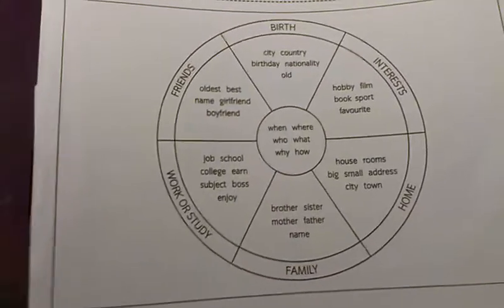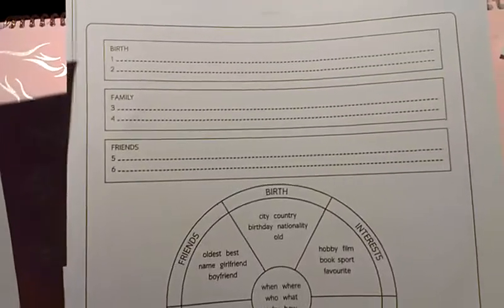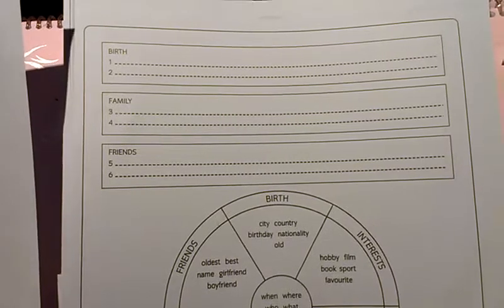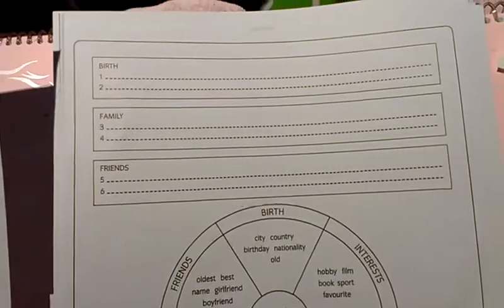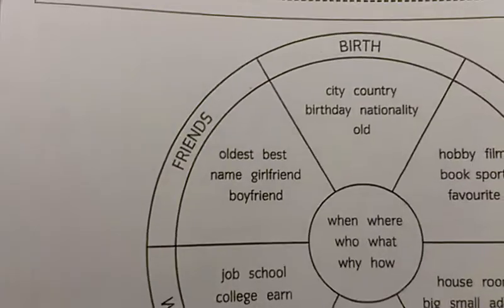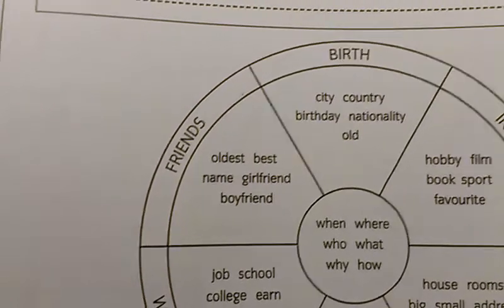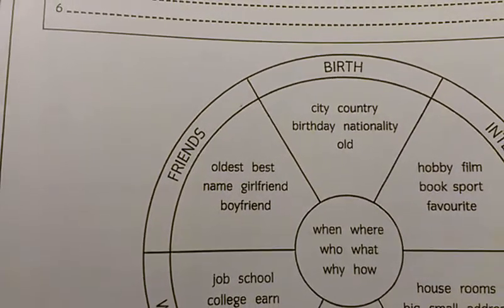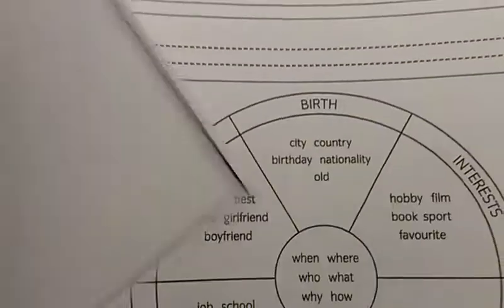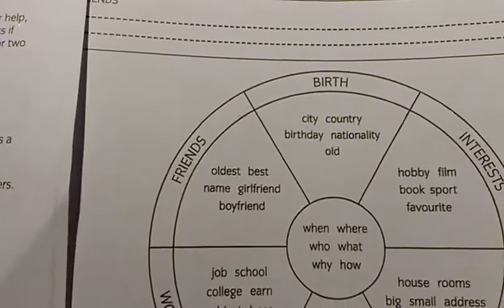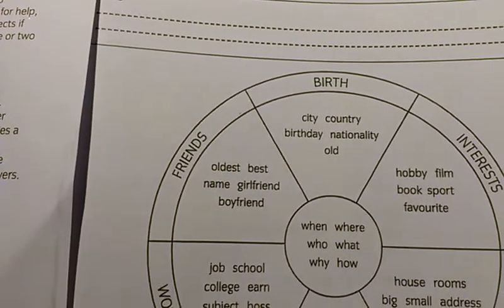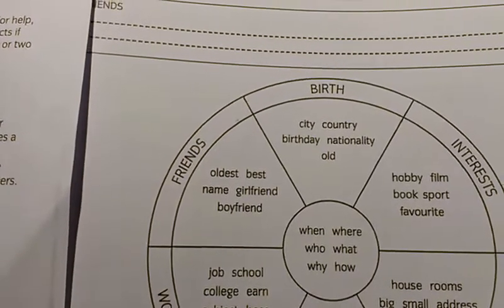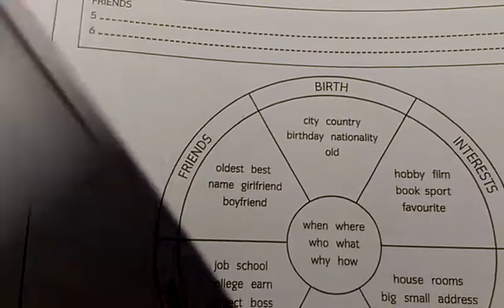We see in the center the question words and around them topics, and each of these segments will fill two of the boxes here. So if we look at birth, there are two dotted lines, and we can make up a question about birth. Where were you born? We are asking for the city or the country. What nationality are you? These are two personal questions to be filled out in here.